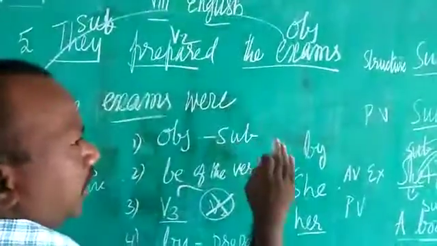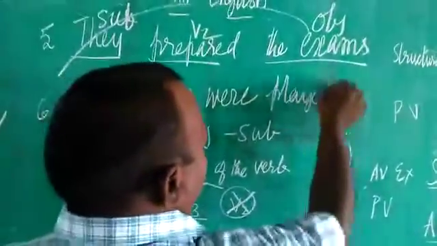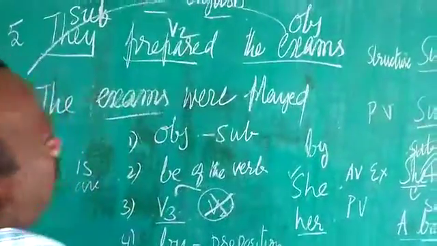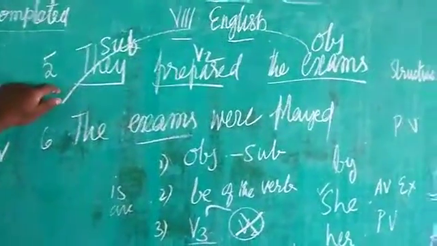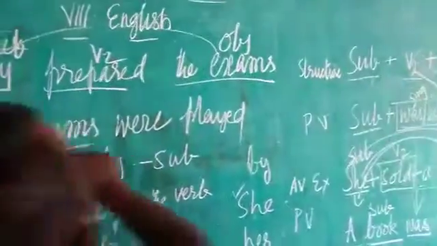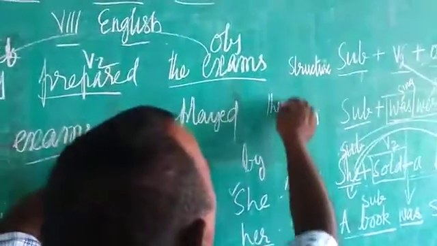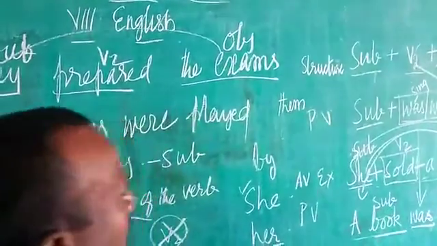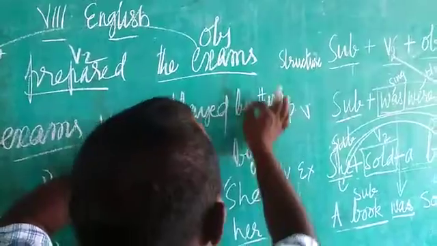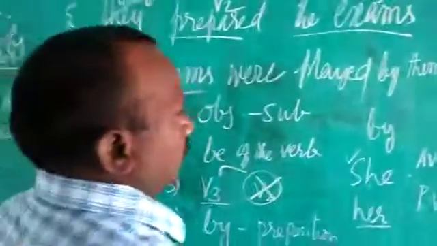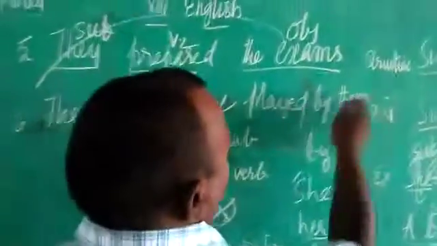The V3 form is play, played, played. And here "they" will change into "them." The exams were played them. If you write this, it will be meaningless. You have to keep the preposition "by" here. So the exams were played by them.